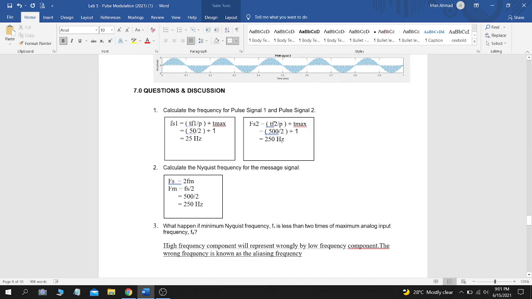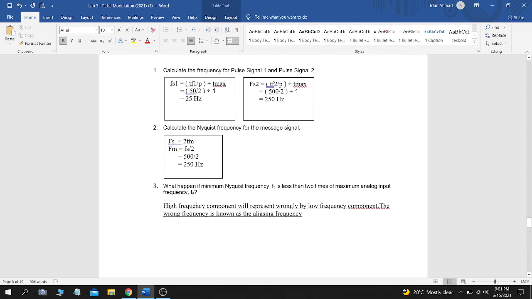Second question, calculate the Nyquist frequency for the message signal. The formula is Fs equal to 2Fm, so Fm equals Fs over 2. Substituting the value, 500 divided by 2, we get 250 Hertz.